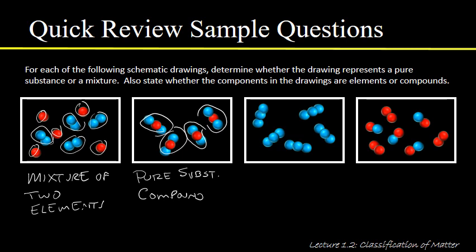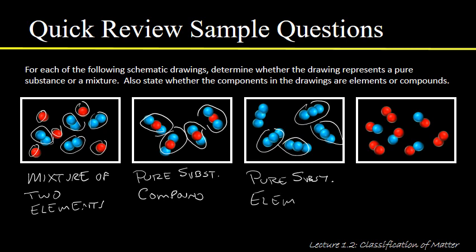Okay. That's almost the same as the next one. In the next one, all of the particles are the same, so this is a pure substance. And each of the particles contains only one element, right? So this sample is a pure substance, and it's an element.